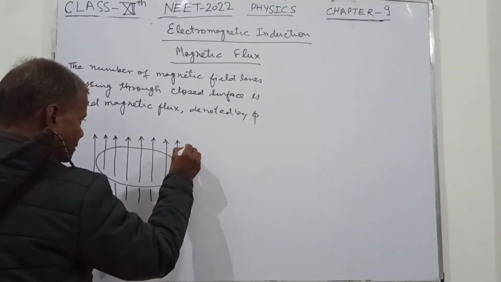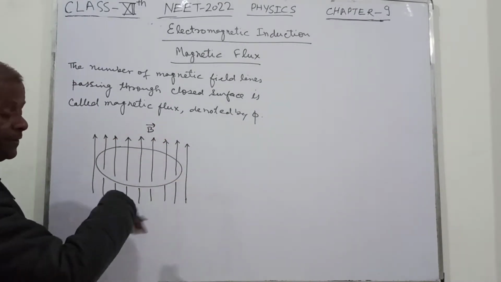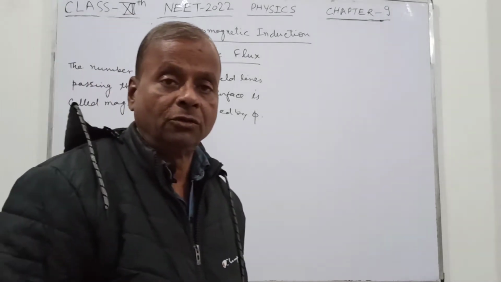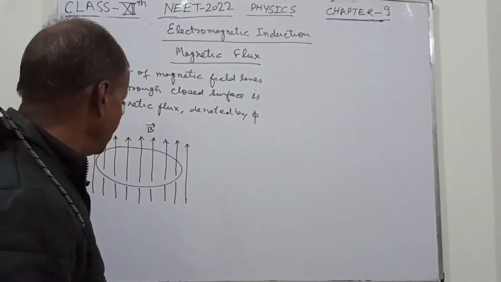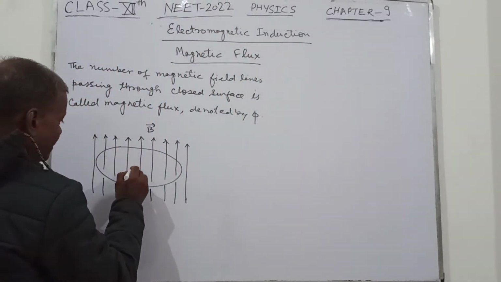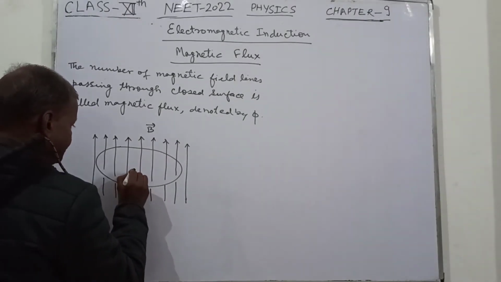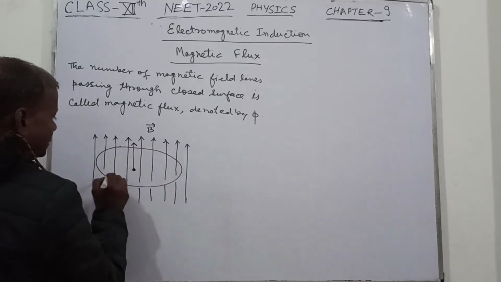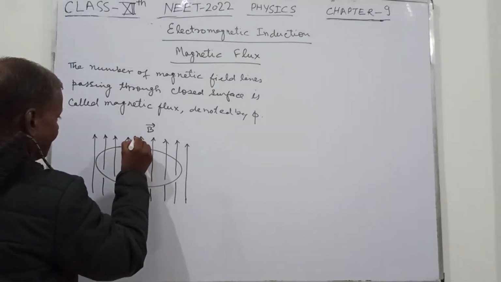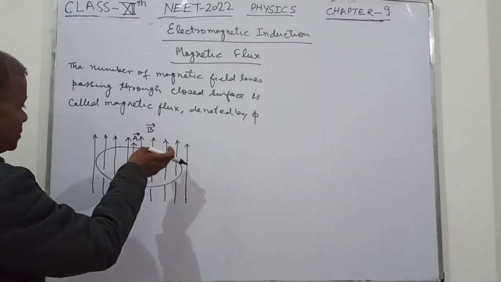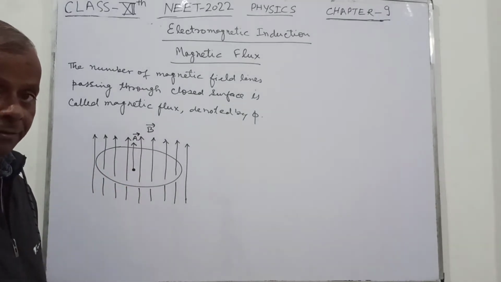This is the magnetic field B, and this surface has its own normal because the surface area is a vector quantity. This is the normal, this is the area A. So in this figure, B and A are both parallel.